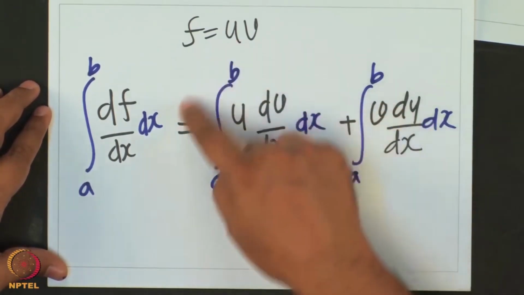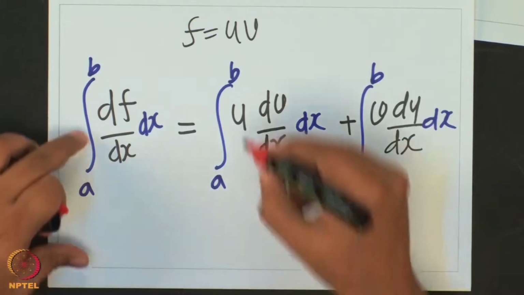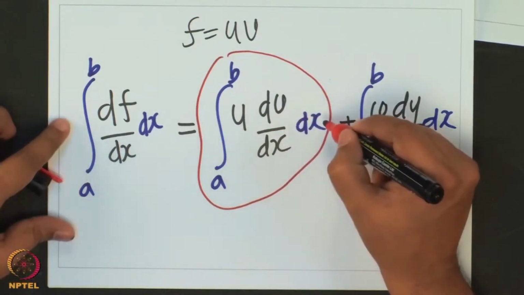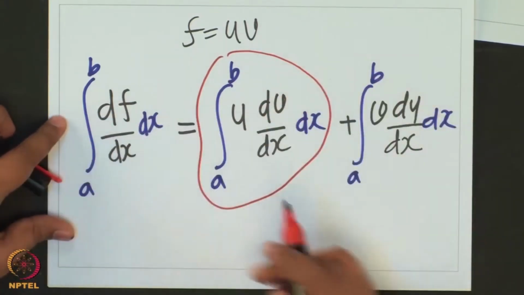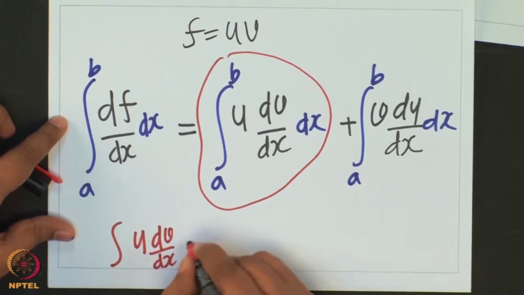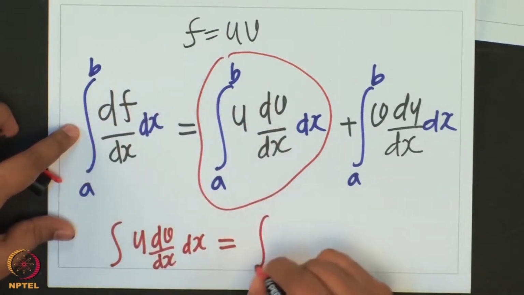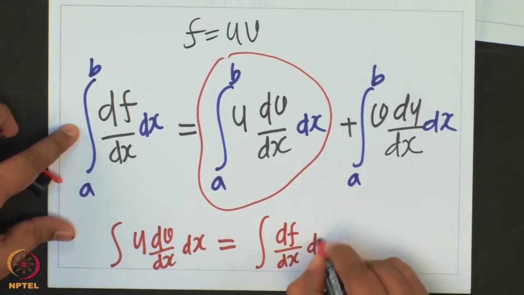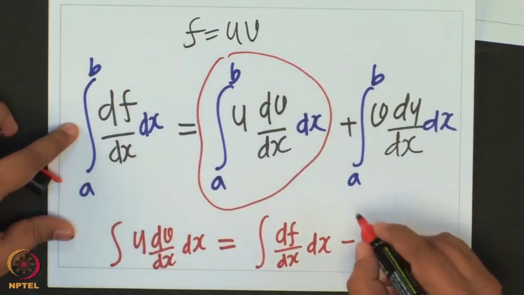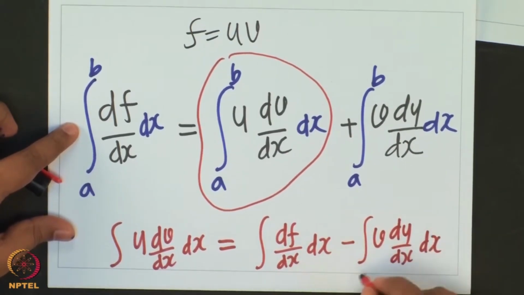Now if I want to calculate just the integral of u dv by dx, I can take everything to this side and write that the integral of u dv by dx is equal to the integral of df by dx minus this term, which I take to the left-hand side, which is v du by dx, with limits a to b.